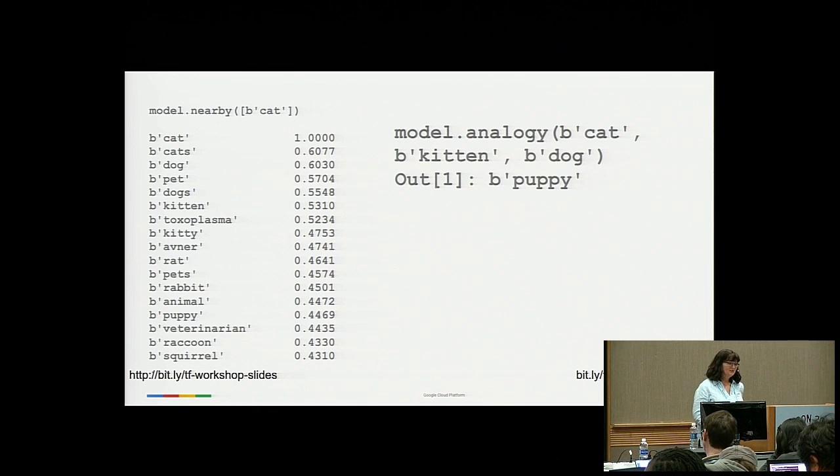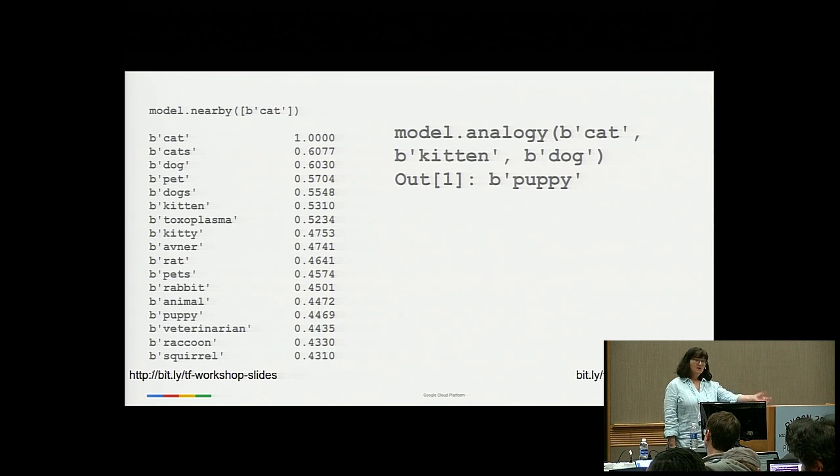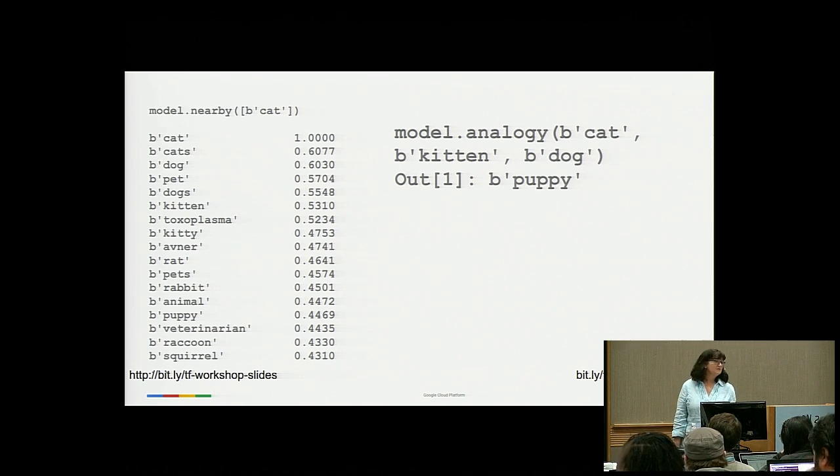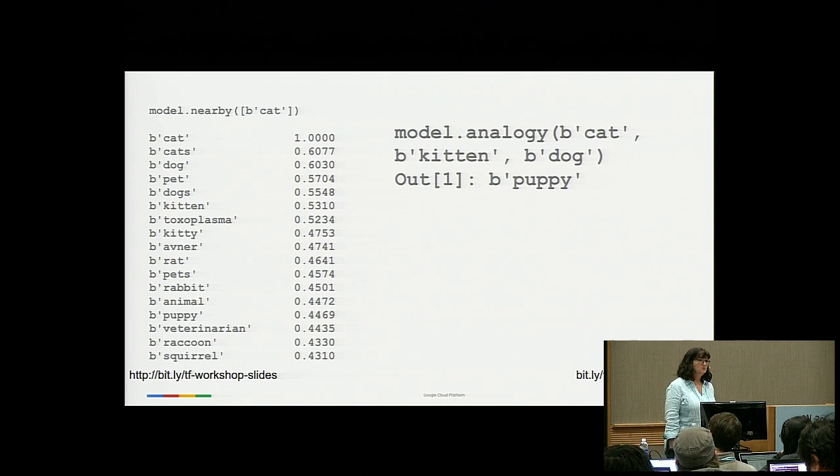Okay, and here are some actual results that I generated, just for a little bit of reality check. The first column is asking what's nearby to cat. What vectors of other words are near to the cat vector, and I got this set of results. In case anyone is wondering what Avner is, it turns out to be the name of a guy who did some body modification to look like a cat.